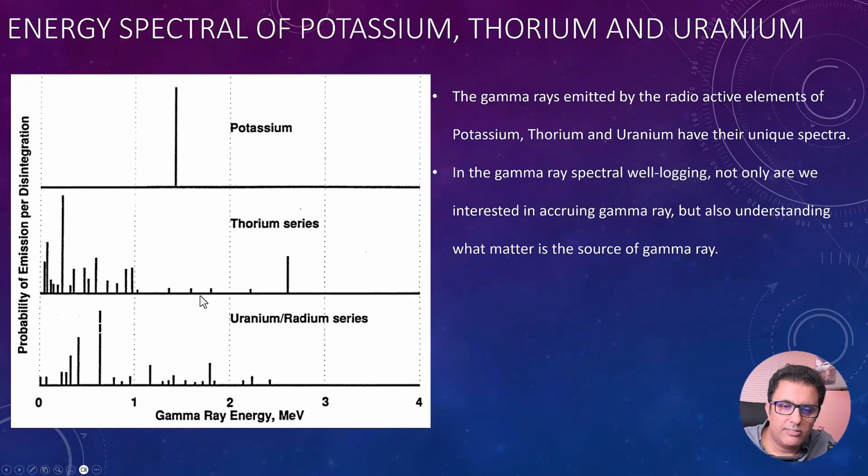The spectrum of thorium is different from the spectrum produced by uranium. So if we measure the energy of the recorded gamma ray and plot its spectrum, then we are able to say what radioactive element, potassium, uranium, or thorium, has produced that gamma ray. And this is the idea behind a spectral gamma ray.